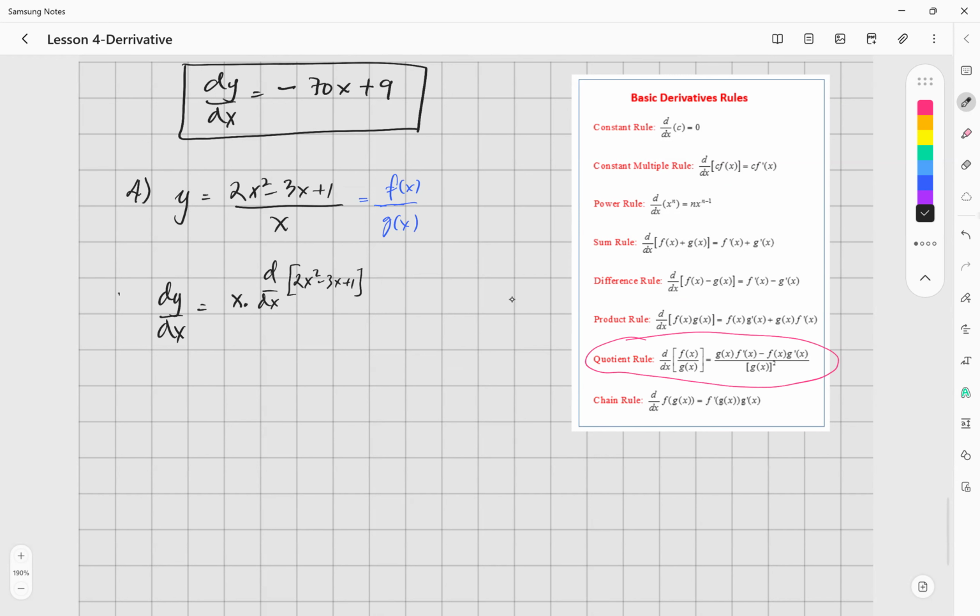And then you do what? Then you minus, you rewrite your f of x, which is simply 2x squared minus 3x plus 1, and you take the derivative of the g of x, which is just simply x with respect to dx.